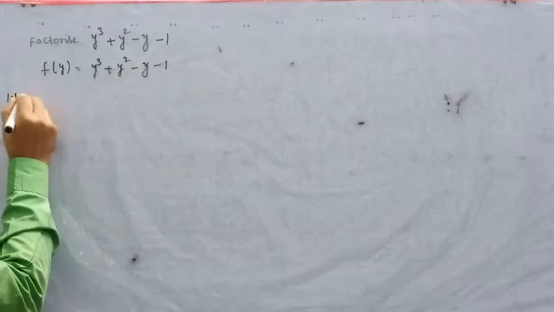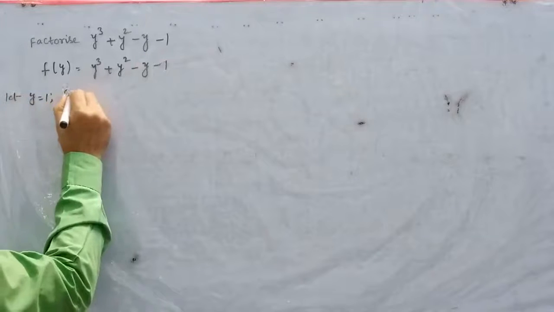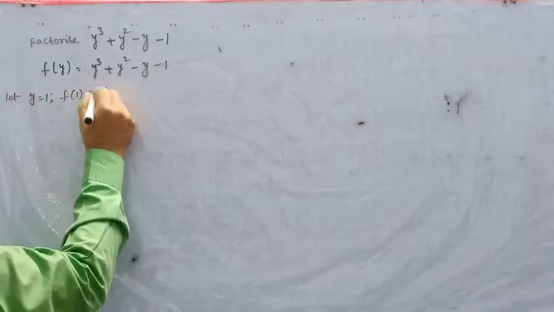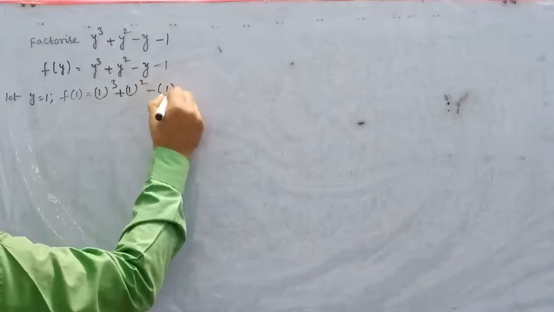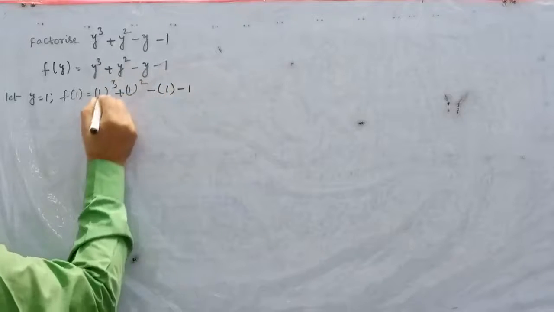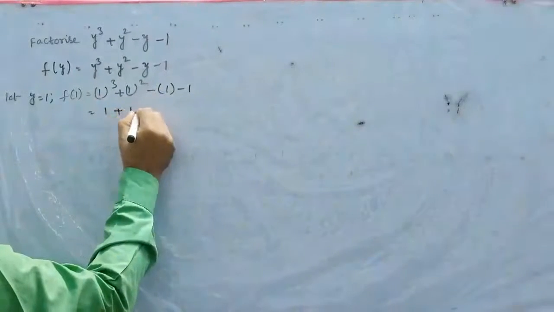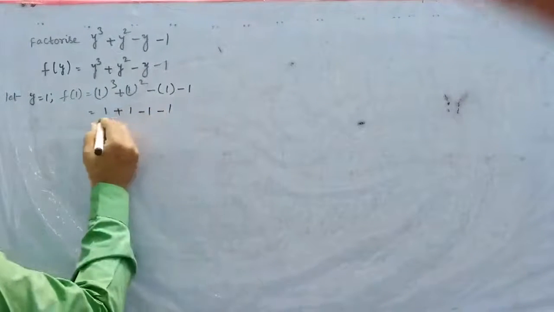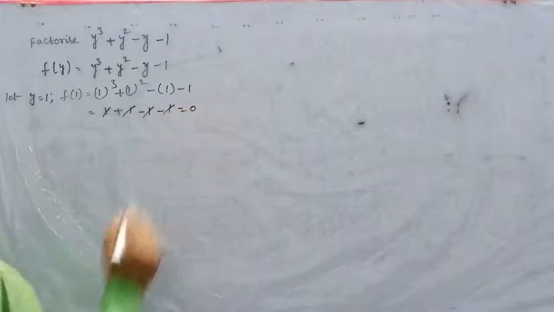Let y is equal to 1. f of 1 is equal to 1 whole cube plus 1 whole square minus 1 minus 1. So 1 cube is 1, plus 1 square is 1, minus 1 minus 1. Plus 1 minus 1 plus 1 minus 1 gets cancelled, is equal to 0.